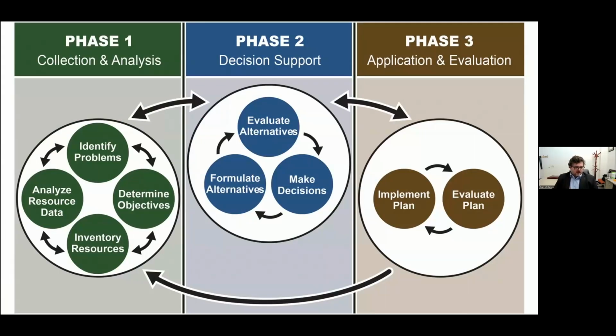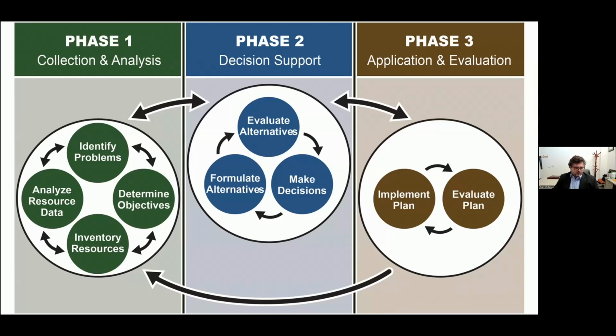And these are those same 9 steps broken out into 3 different phases. Phase 1 is data collection and analysis. Phase 2 is decision support, and phase 3 is application and evaluation. When we're talking about modeling as it relates to this 9-step conservation planning process, basically in phase 1, we're having people go out to a field, collect some data, translate those to model inputs.